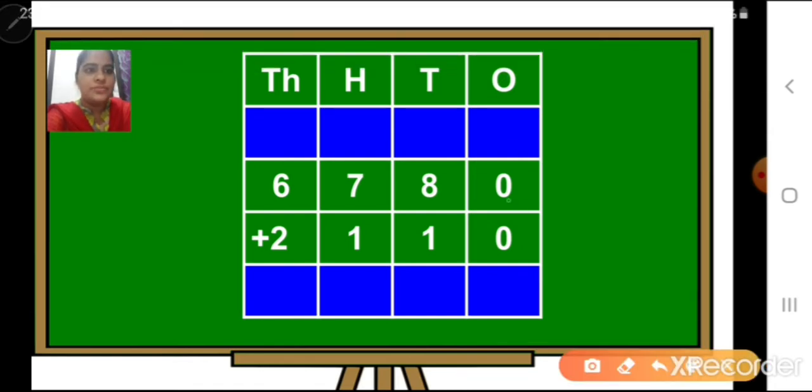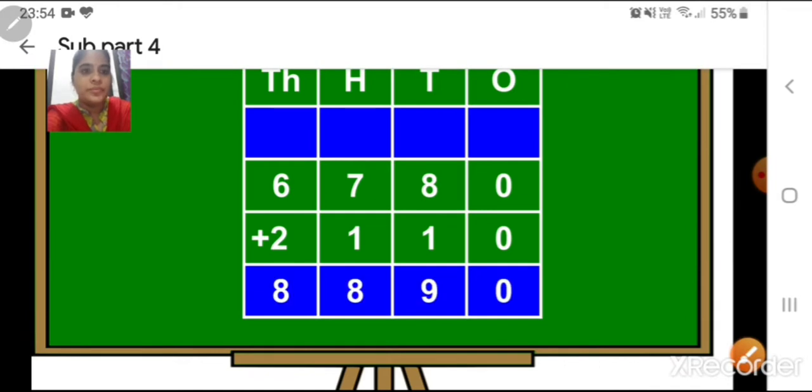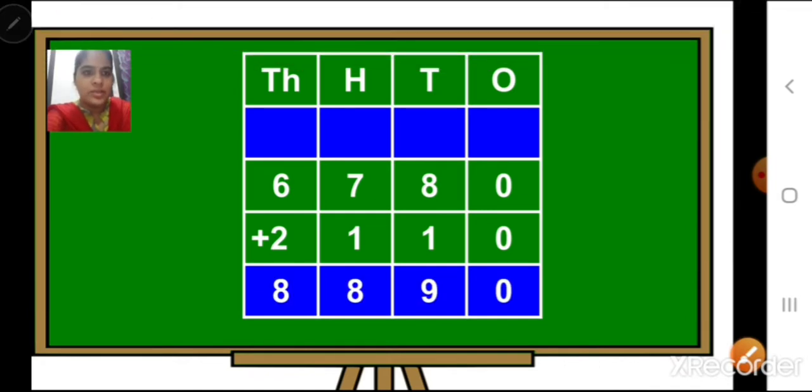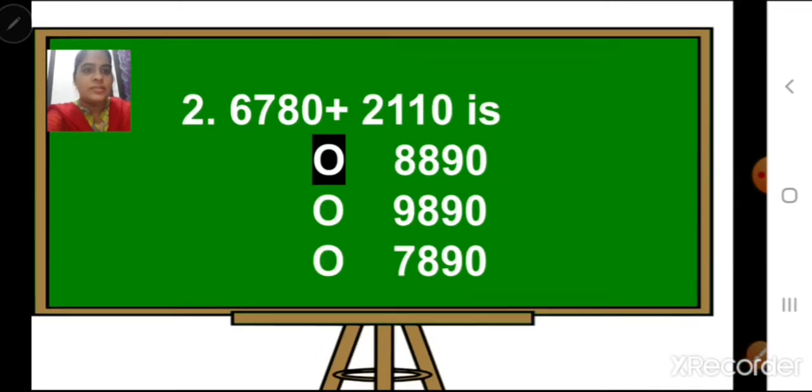At ones place we have 0 plus 0, which is 0. 8 plus 1 is 9. 7 plus 1 is 8. 6 plus 2 is again 8. Okay children, so this is our answer. Now let us see where our answer is here. 8890. So click on the correct option.